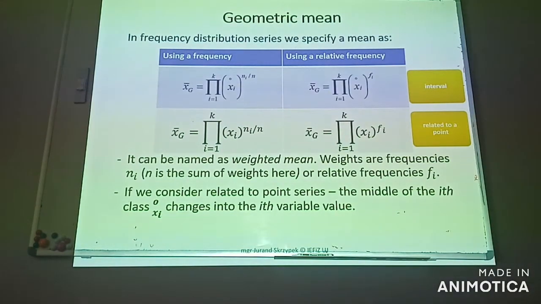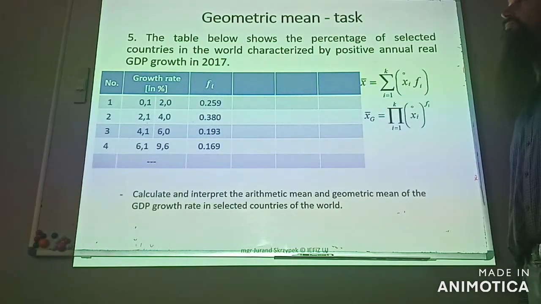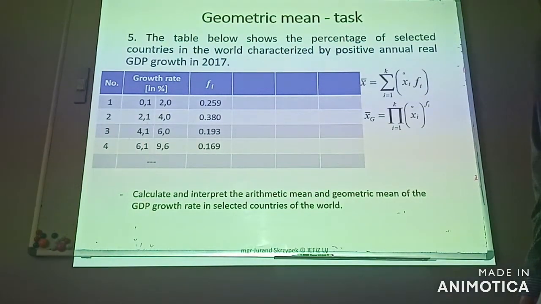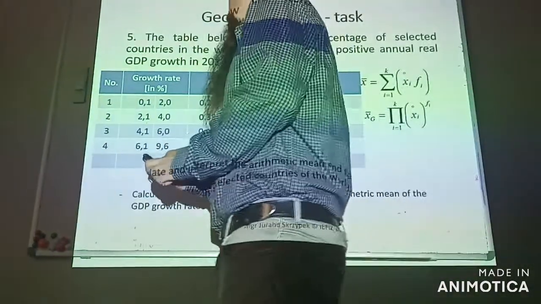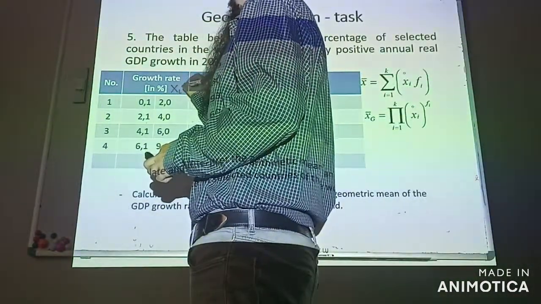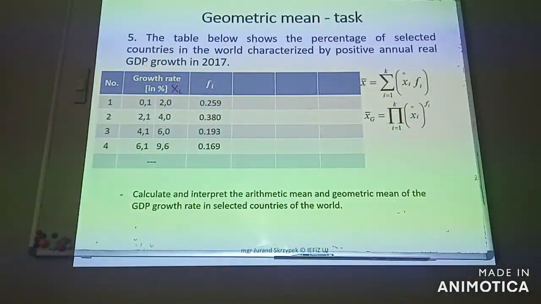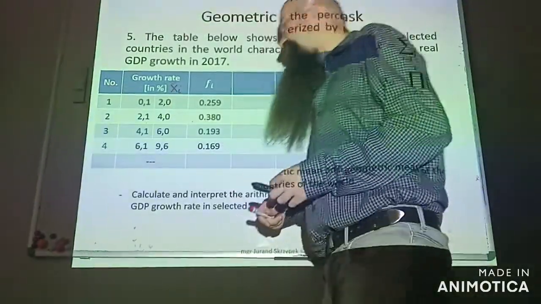So, on the basis of this information, we can compute the first example. The table below shows the percentage of selected countries in the world characterized by positive annual real GDP growth in 2017. Here we have the considered variable, growth rate, which is expressed in percents. It can be denoted as xi.